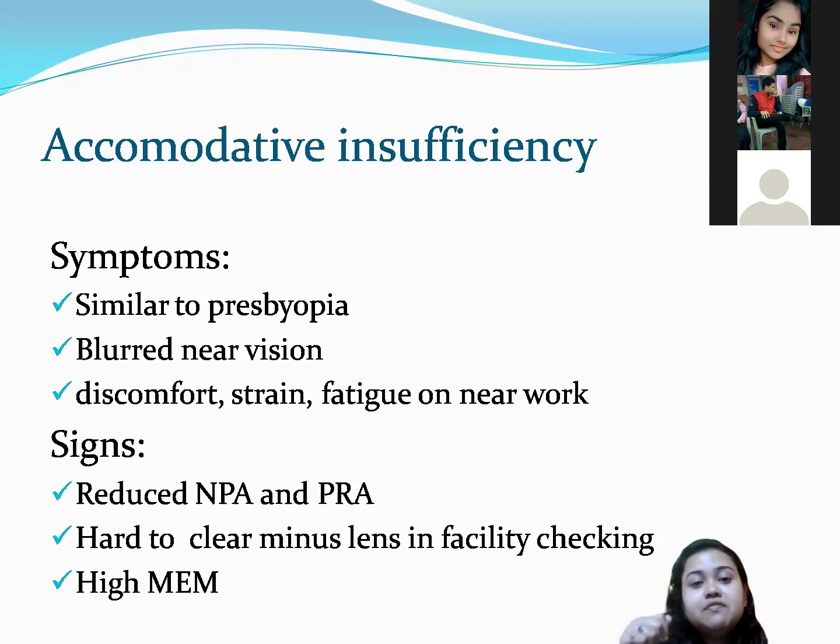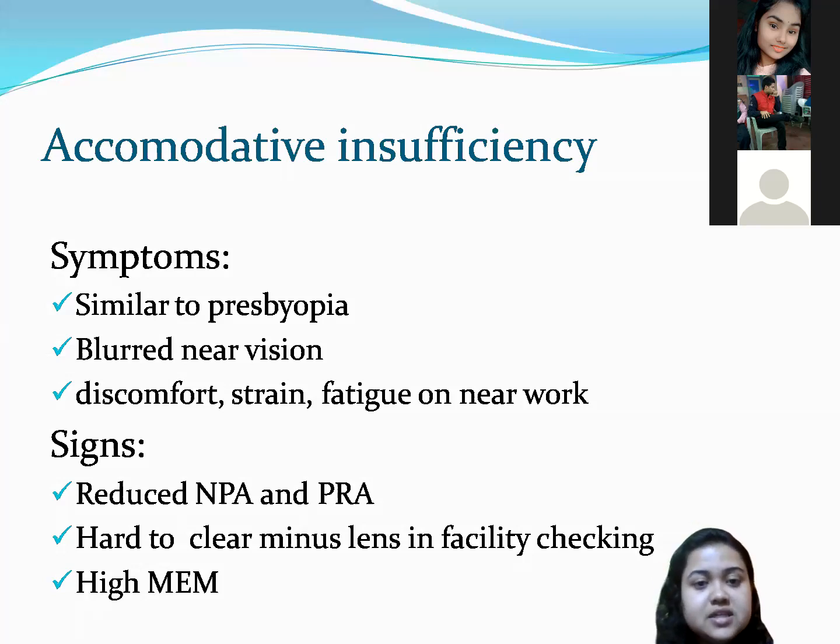Suppose you are using plus minus 1.5 flippers to test the accommodative facility. You can use a Ward-Rock card. Tell the patient to focus at the letters, and when you keep one lens in front of his eyes, the letters will become blurred. So he has to blink and make it clear.